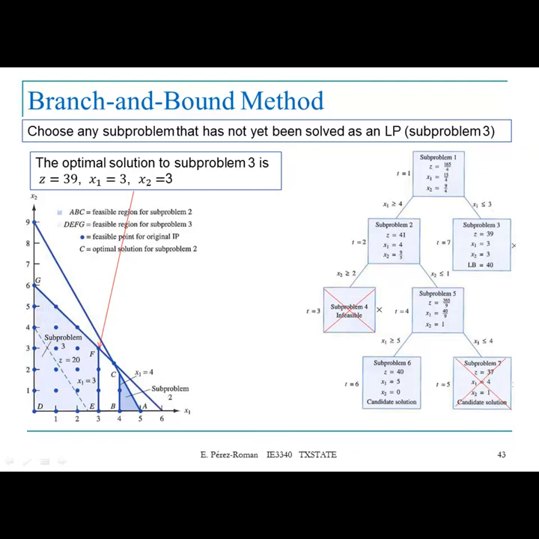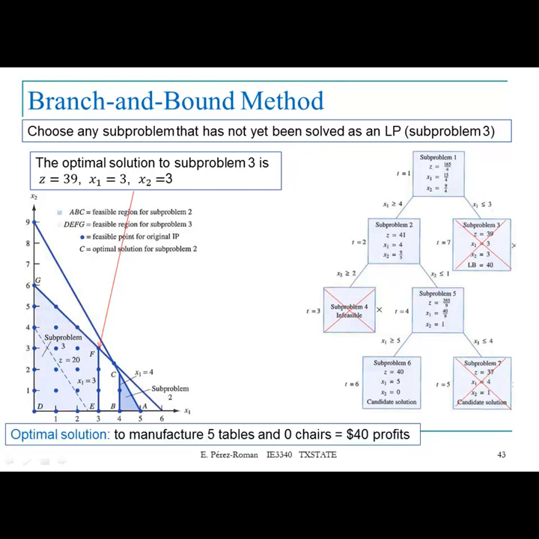But still, even though you found an optimal that is integer, your solution is not better than the one you found. So you end up discarding that solution, and your optimal solution is this one. So the optimal solution is to manufacture 5 tables and 0 chairs with a profit of $40.